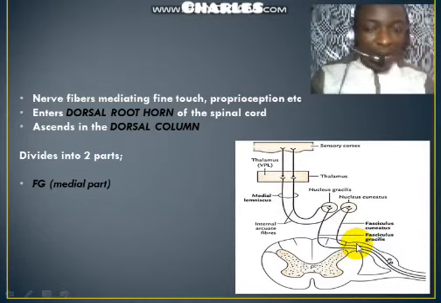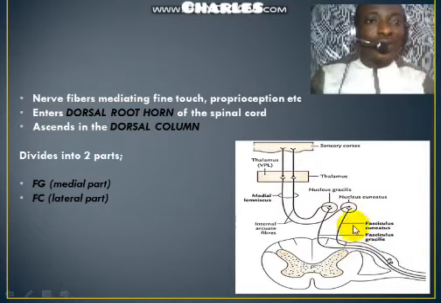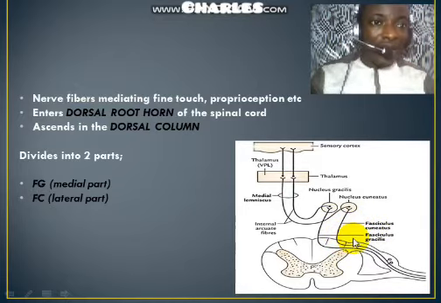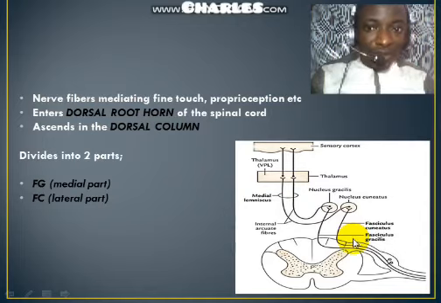Alright, and the other part is known as the fasciculus cuneatus, which is the lateral part or lateral division of the dorsal column lemniscal fibers.